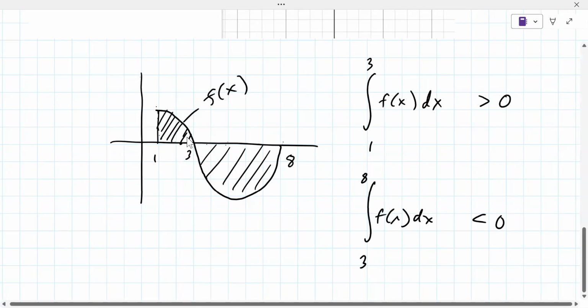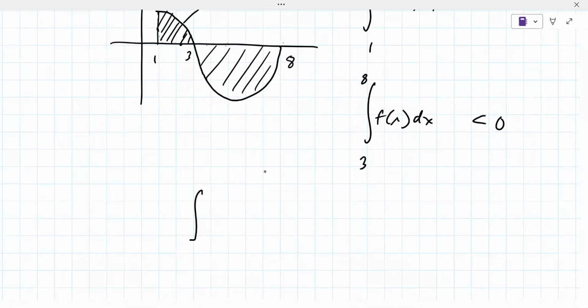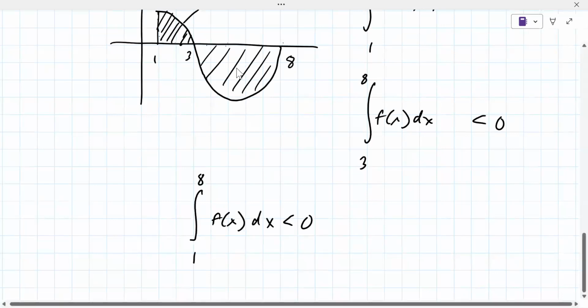If you just look at the areas without the sign, which would be bigger? Oh, 3 to 8. So the total integral from 1 to 8 of f of x dx is less than 0 because this one down here contributes more than this one up here.